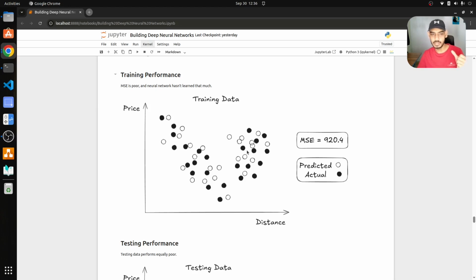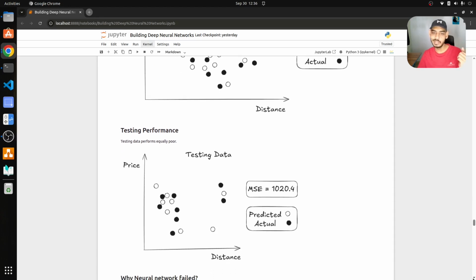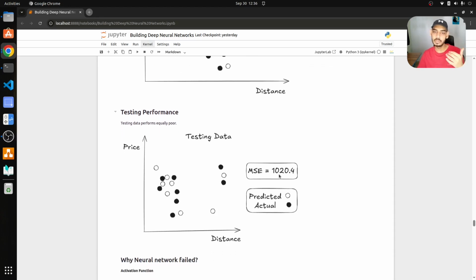You see the difference between each predicted value and the actual value, and you end up getting a mean squared error of 920, which is very high. Then you also test this model on testing data, where you see an MSE of 1020, which is also very poor.